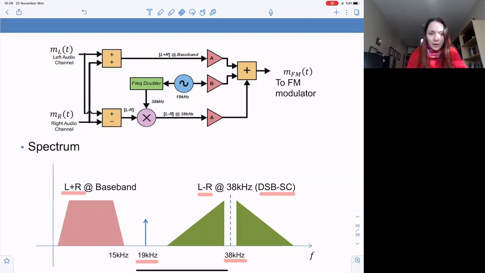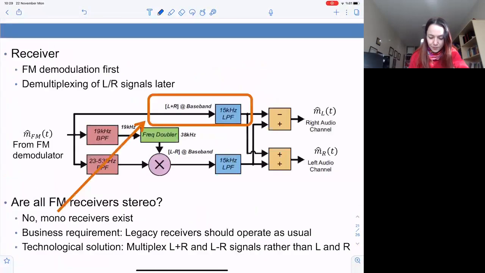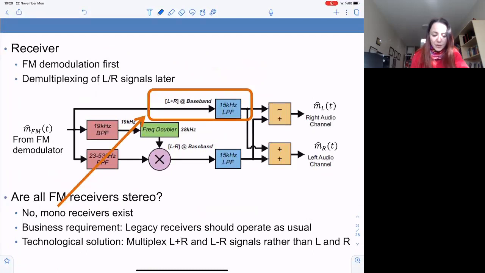Now, so L plus R plus the 19 kilohertz carrier plus L minus R modulated to 38 kilohertz, they're all fed into an FM modulator. So what happens at the receiver?